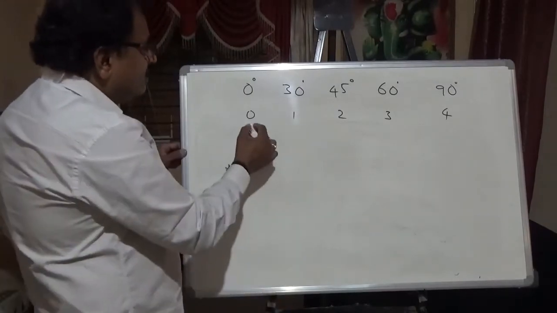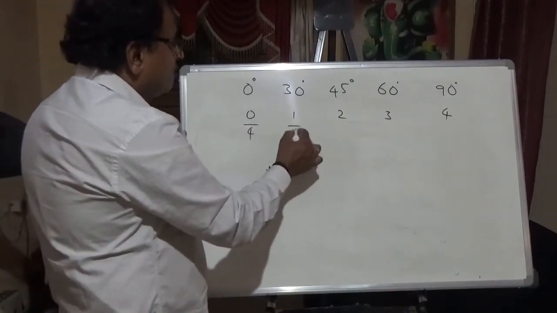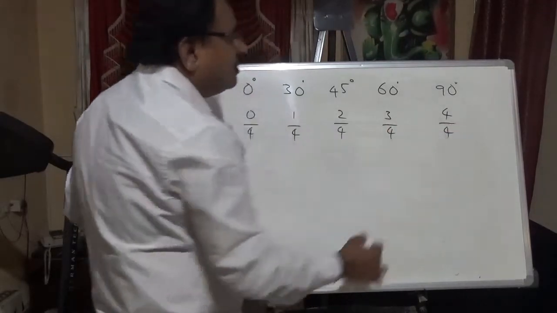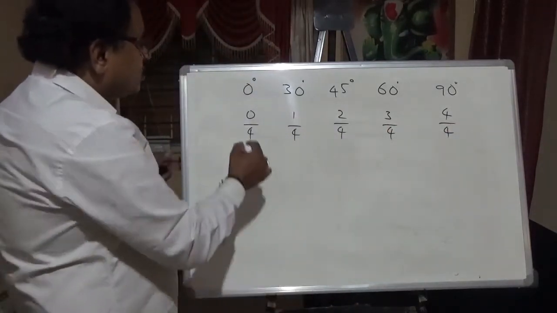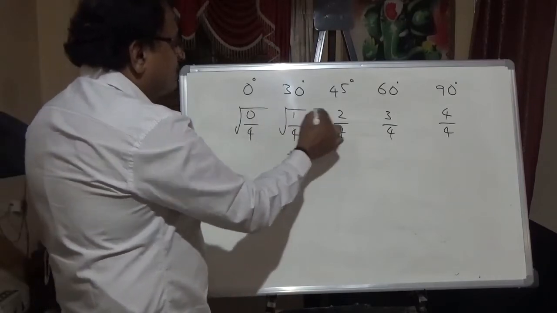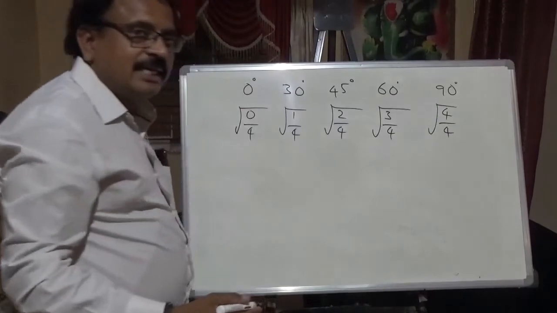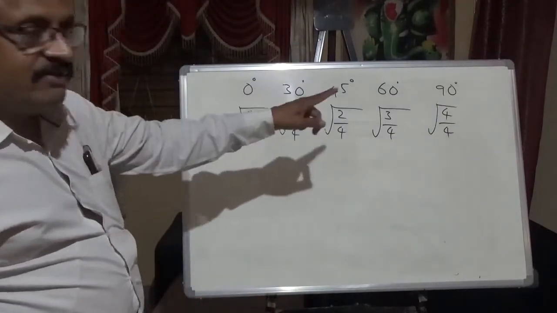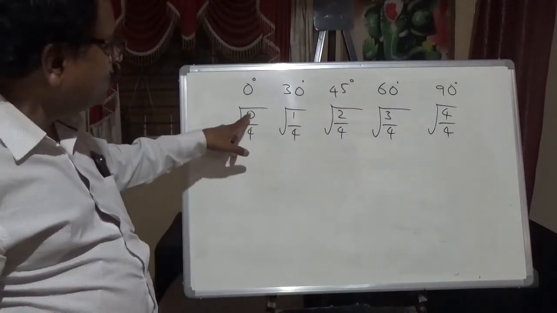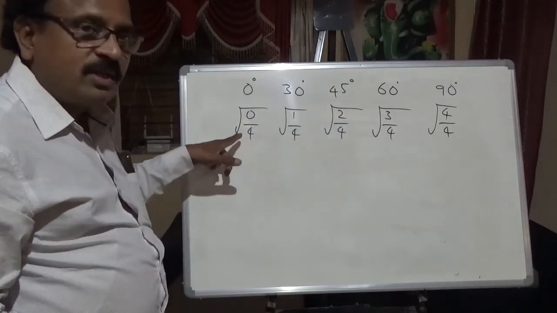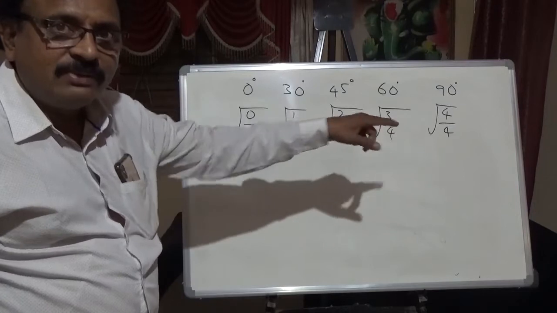Each value divide by 4: 0 by 4, 1 by 4, 2 by 4, 3 by 4, 4 by 4. Take the square root for each value. This is the technique.